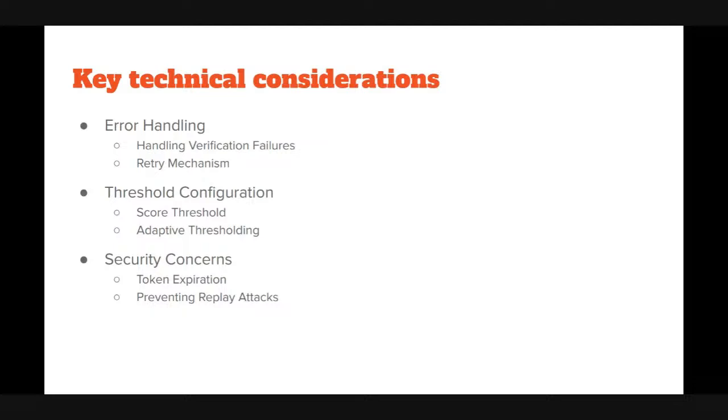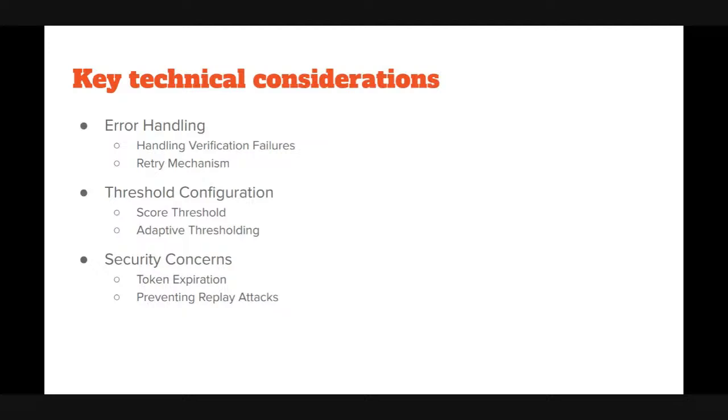Most of this error handling is made by Google reCAPTCHA, but if you are trying to implement it by yourself, we need to consider this error handling. As we saw in the implementation on the registration controller, we can configure a threshold.